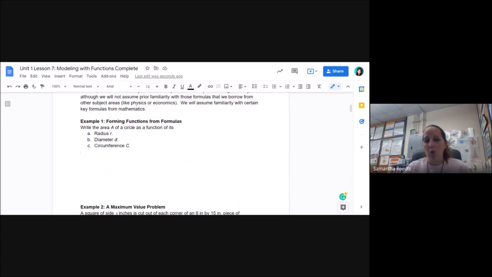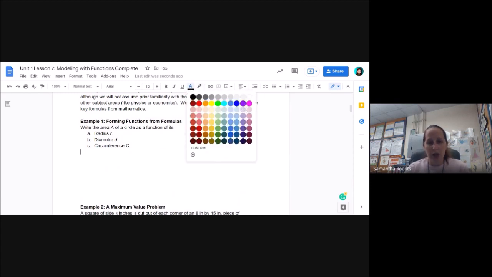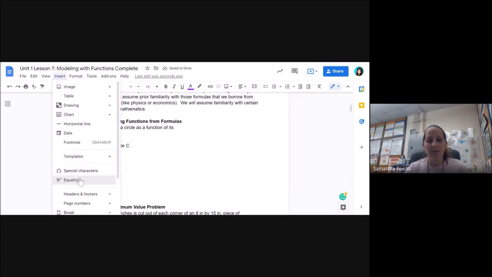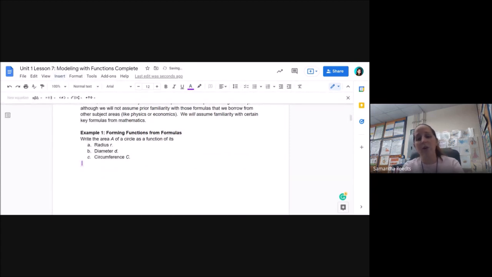So we know the area of a circle is area equals pi r squared. So basically all this is asking us to do is solve for a specific thing. So it's asking us to solve for the radius, it's asking us to solve for the diameter, and it's asking us to solve for the circumference.